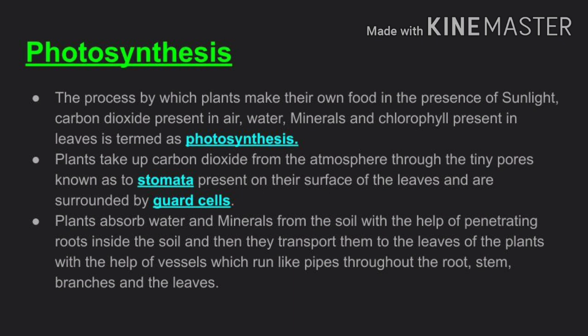And plants also absorb water and minerals from the soil. So you see, they are getting sunlight, they have chlorophyll, carbon dioxide comes in through the stomata or the guard cells, and then they absorb water and minerals from the soil. That is why water is very essential for plants, because the roots help absorb these water and minerals from the soil, and then after absorbing them they transport them to the leaves of the plants with the help of small vessels which run like pipes in a system.